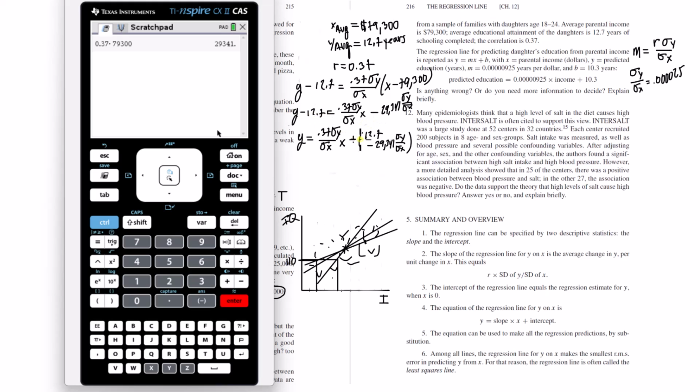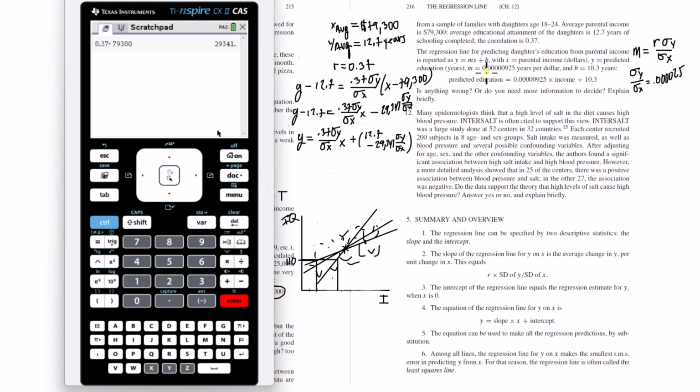Then you added 12.7 to both sides and got that. Okay, now we use the m they gave to get sigma y over sigma x. You just divide both sides by r to get sigma y over sigma x.